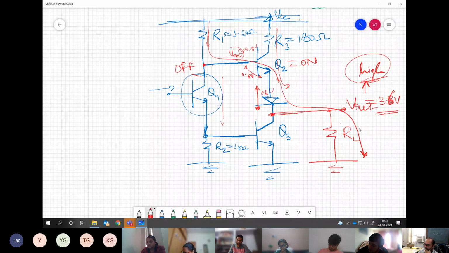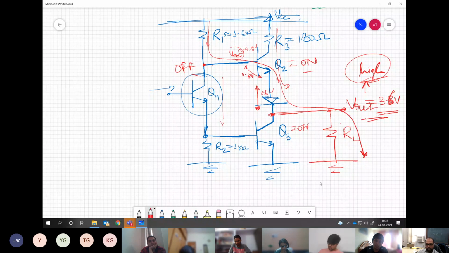Correct? So this is how the circuit drives this transistor into on mode and obviously this into off mode. There is no voltage to drive this. So we are getting this output over here.